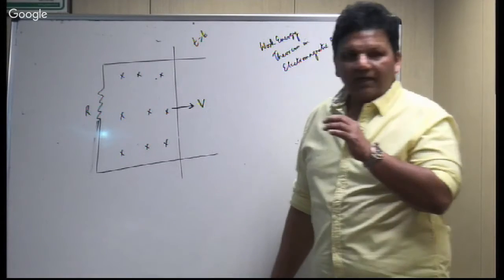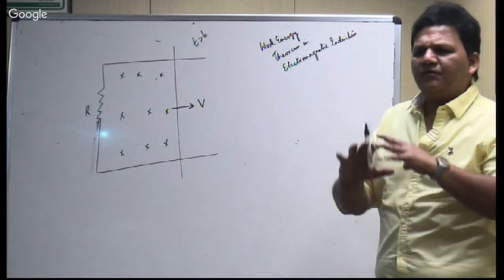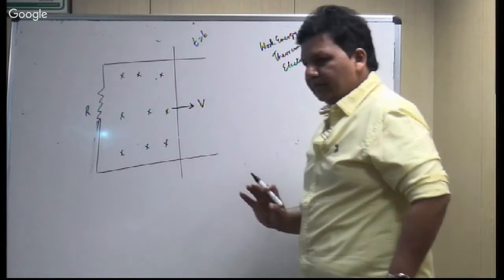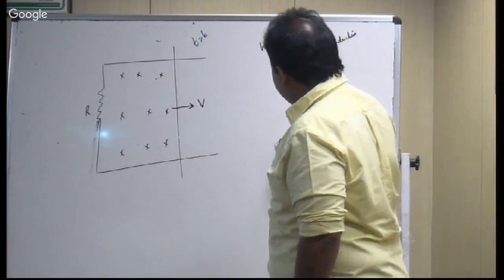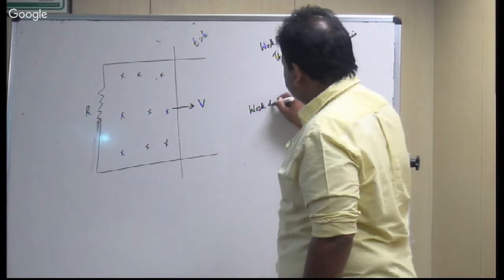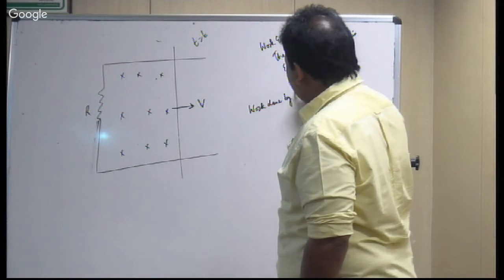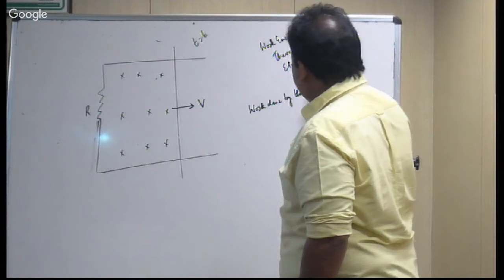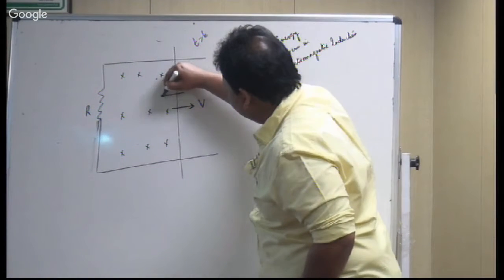Now let's see how many types of forces and how many types of work done are possible. For example, let's first find out the work done by the magnetic force, Fm, to start with.